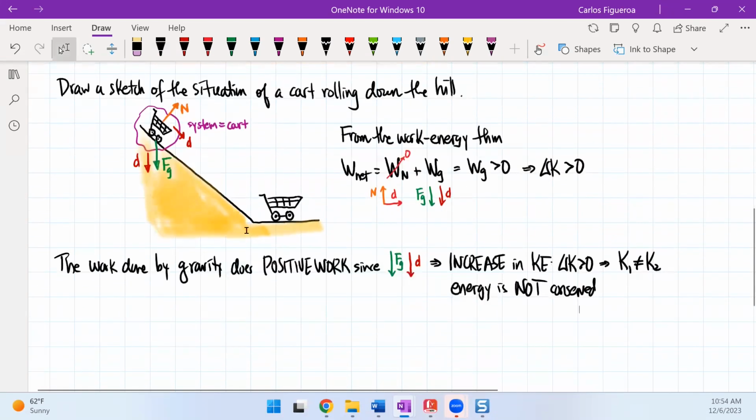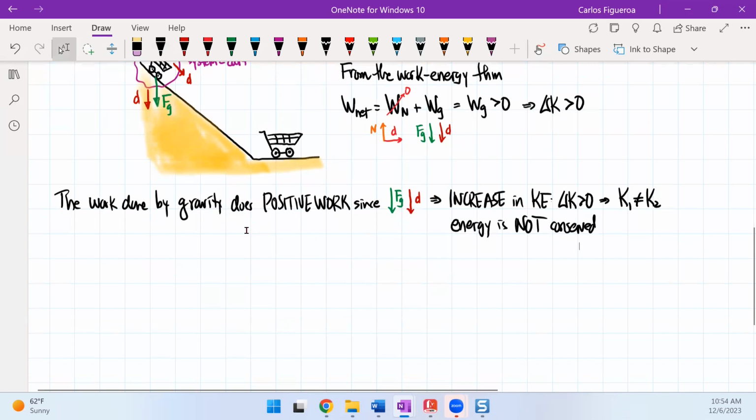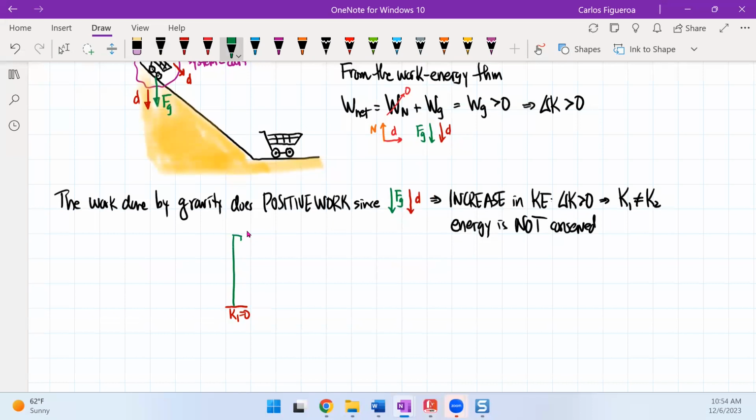So if I look at my bar diagram, I know that the cart starts with kinetic energy of 0 because it starts from rest. Then the work of gravity is now positive, and because it's positive, I'm going to increase the kinetic energy by this amount.